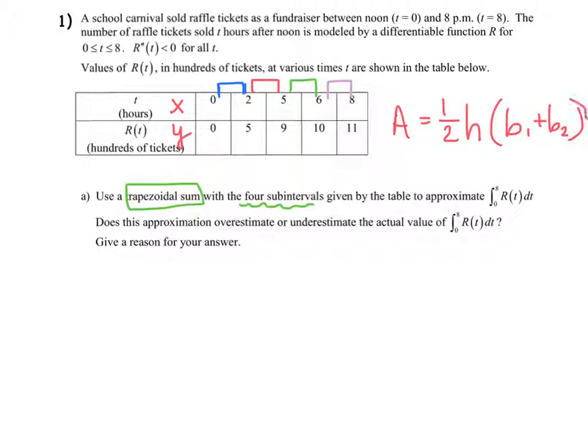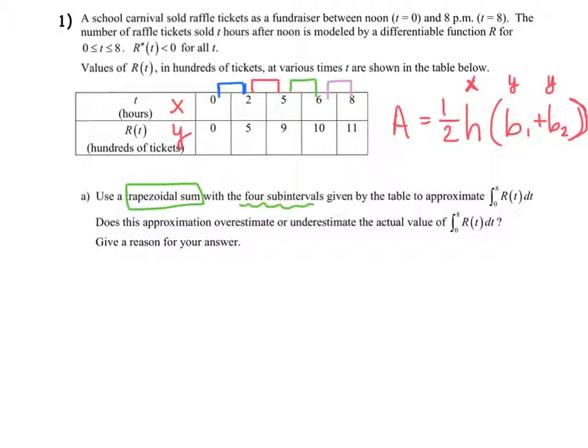If you think about what we did last time, our height was considered the x distance. So your height is your x distance, and your base 1 and base 2 are your y values. How high up on the y-axis are you going? Just keep that in mind as we think about our table.